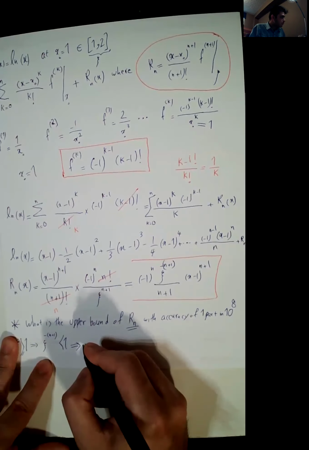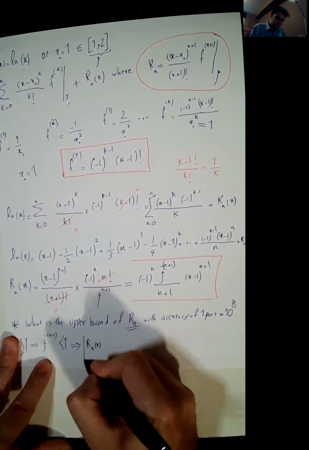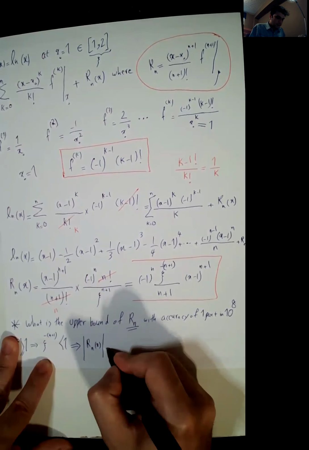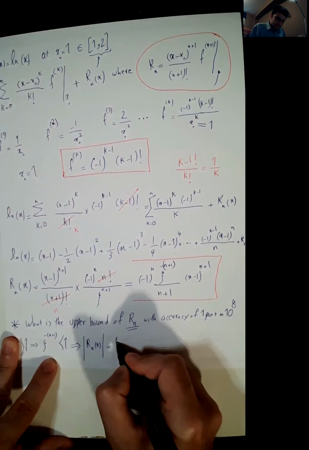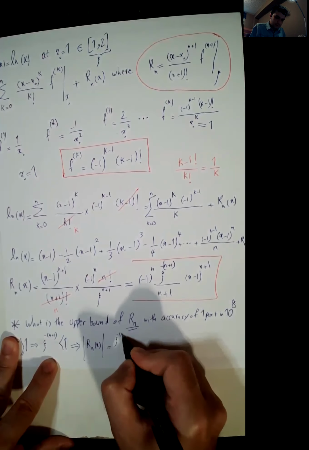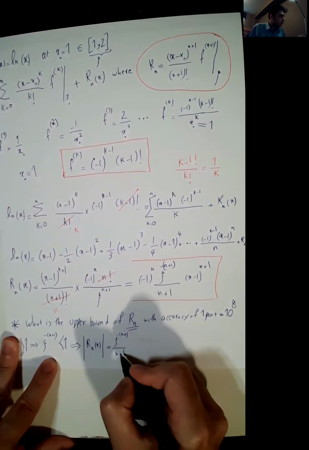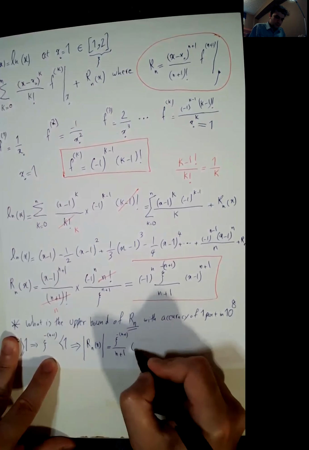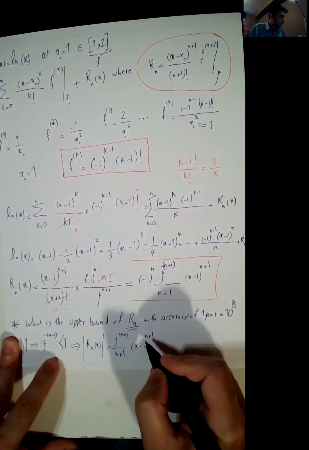Okay, so Rn(x) was (minus 1)^n over n plus 1, times (x minus 1)^(n plus 1).